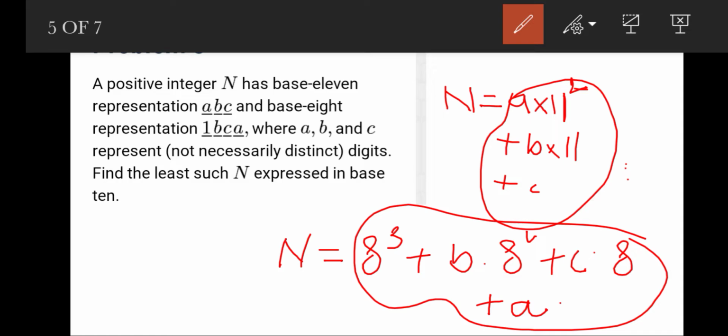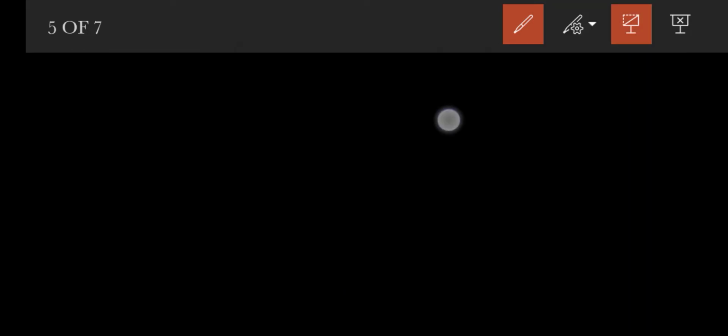So let's go ahead and equate those two things.